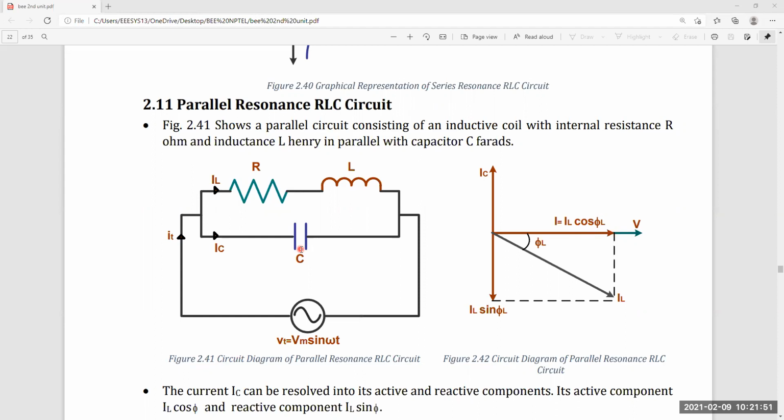Am I right or not? In the inductor, current lags the voltage by 90 degrees. Am I right or not? The inductor opposes sudden changes in current. The capacitor opposes sudden changes in voltage.